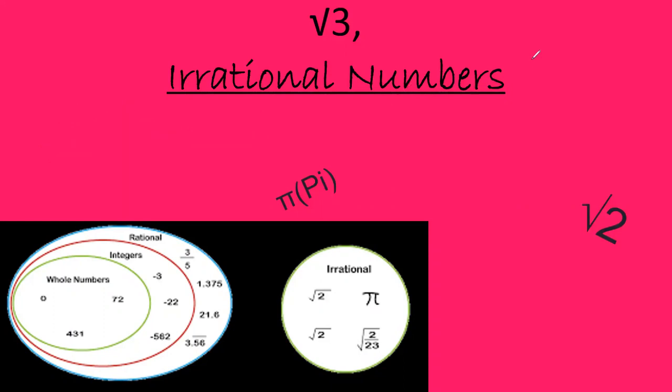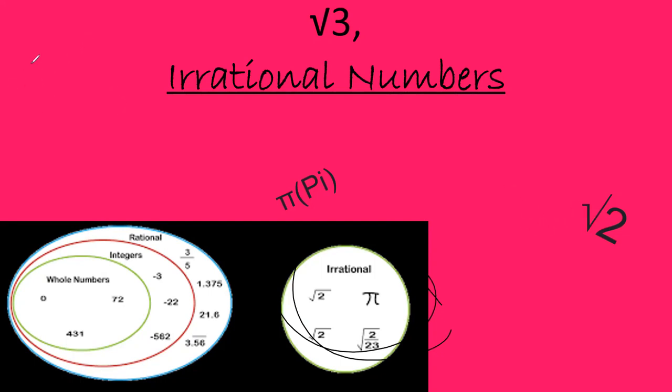Now, you can see there are so many numbers on the screen: root 3, root 2, root 2 by 23, pi. There are so many numbers in this circle also. So these all values are irrational numbers. So what are irrational numbers? Basically, a definition.